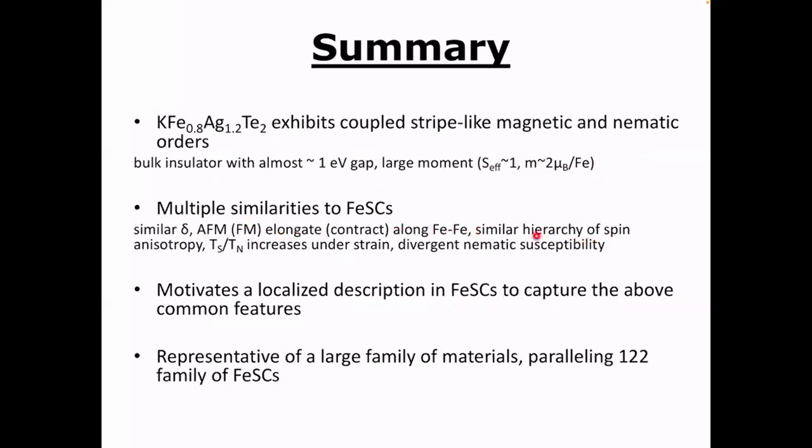And there's also the similarity of the spin anisotropy, the hierarchy of the spin anisotropy, as well as the way that they respond to strain. And there's also a divergent nematic susceptibility seen through the magnetic susceptibility rather than the resistivity, as shown in most of the iron-based superconductors.